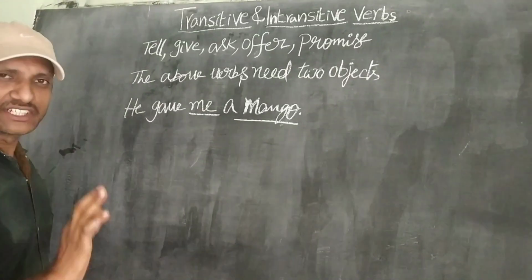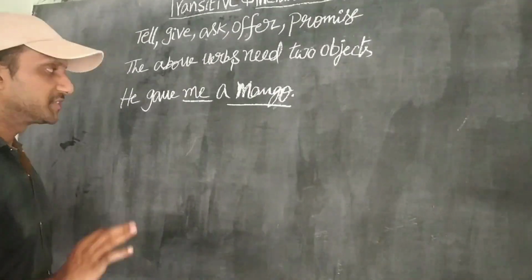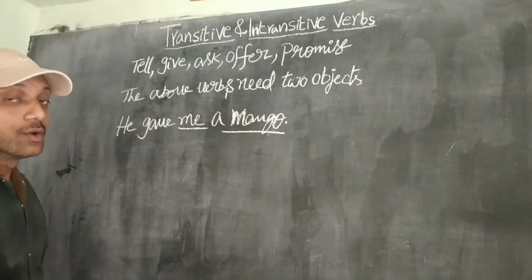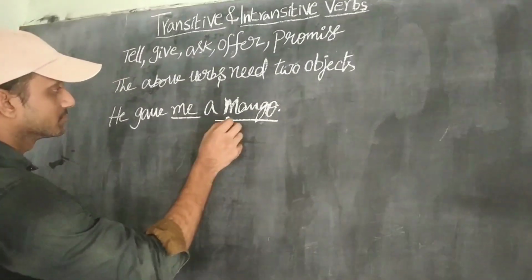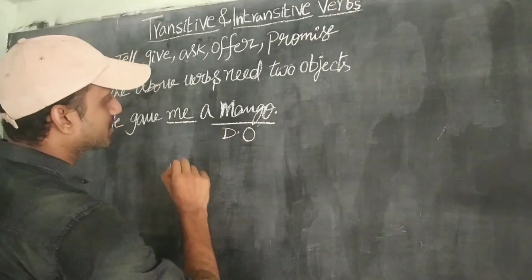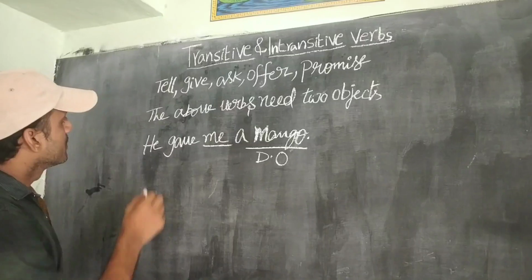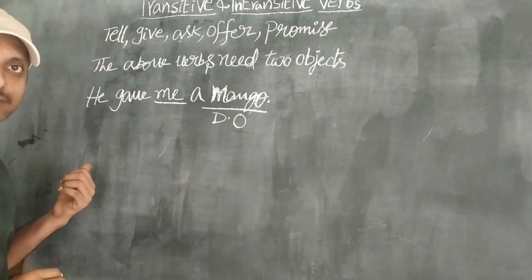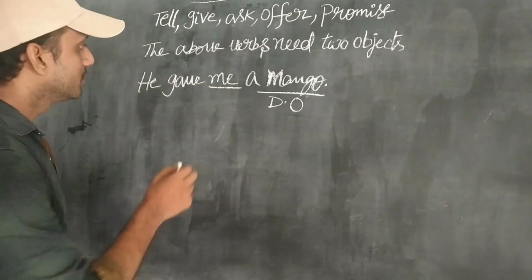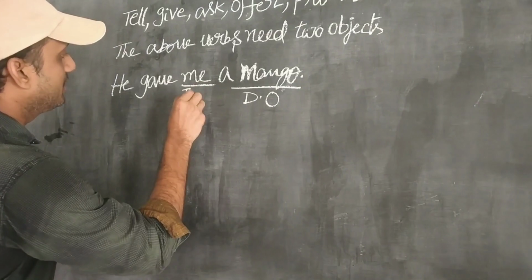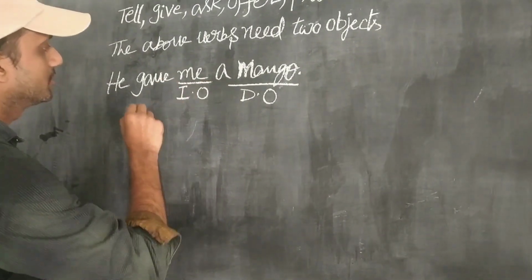What are those? Let me tell you. He gave me a mango. What did he give? Mango. So it is the direct object. To whom did he give that mango? To me. It comes under indirect object.